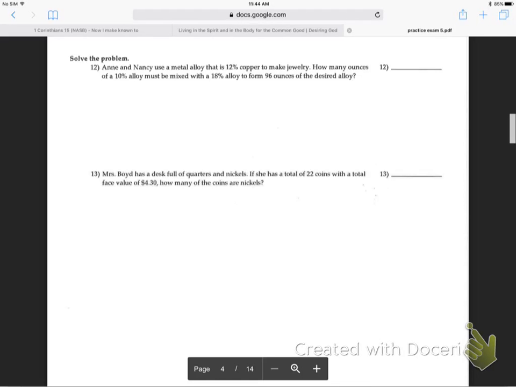All right, number 12, word problem, mixture. On the mixture, what setup do we use? The beakers, the 3 buckets. Remember those? Bucket number 1 plus bucket number 2 equals bucket number 3. These are easier.